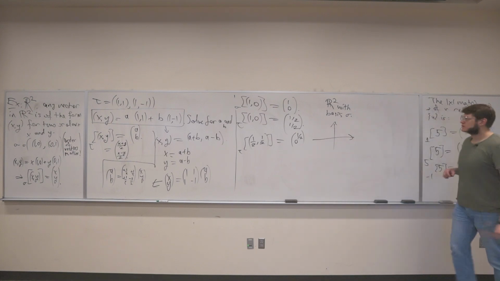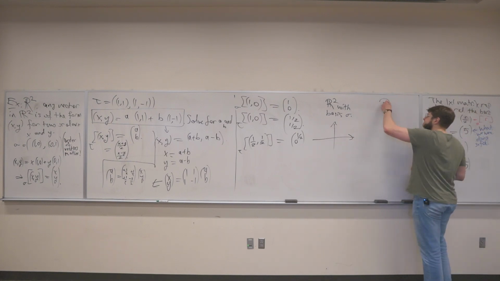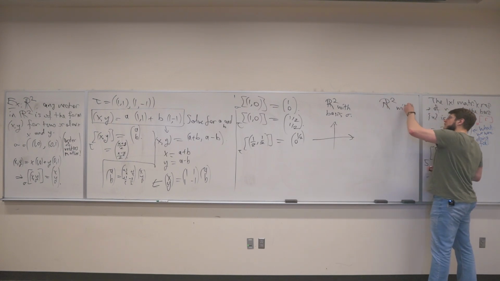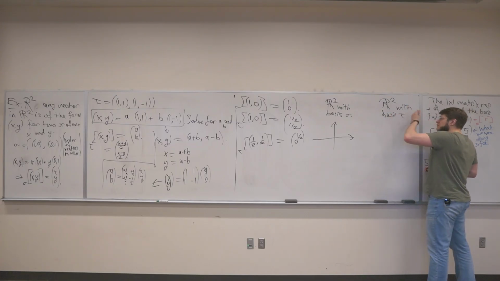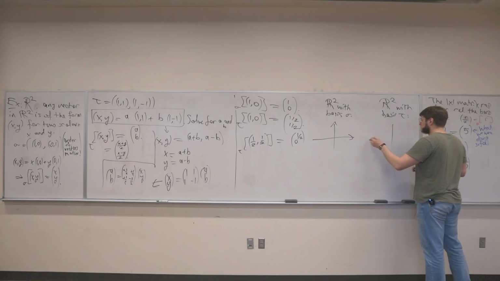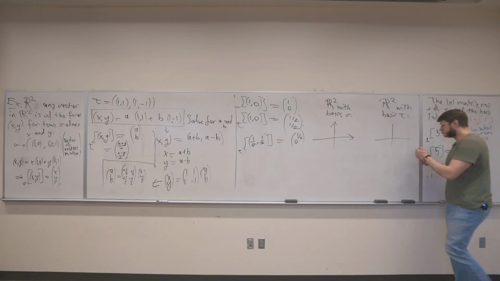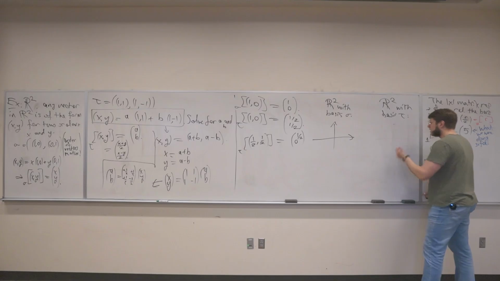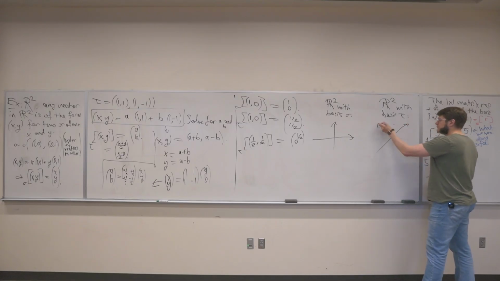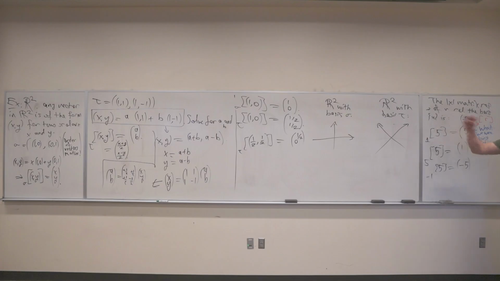On the other hand, R2 with basis tau doesn't look like this anymore. Now, for some reason, it looks like this. This is the coordinate axes you're using this time.